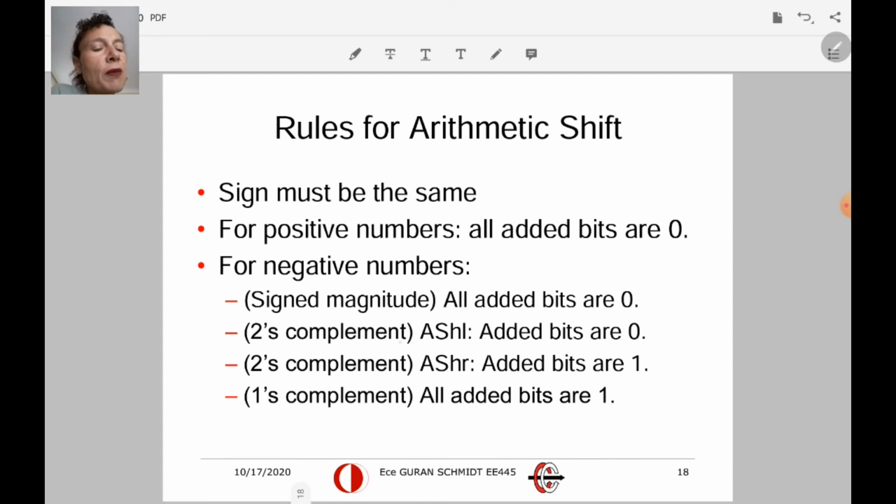For 2's complement, arithmetic shift left means you are multiplying. Added bits are 0. Arithmetic shift right means you are dividing. Added bits are 1. If you are doing 1's complement, always you insert 1. So signed magnitude, 2's complement, 1's complement.